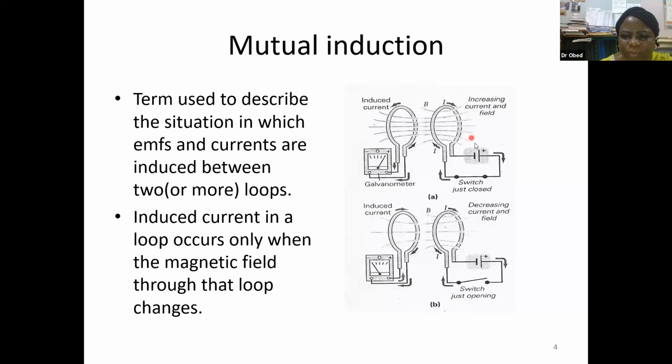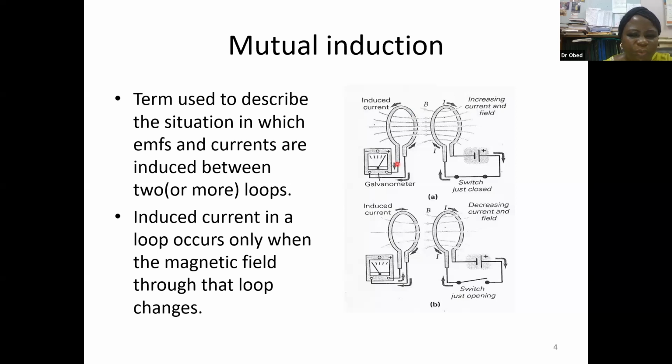There's another wire loop connected to a battery, and this is the key. When the switch of this setup is closed, the buildup of current produces a changing magnetic field in the other loop, inducing a current in it. So current is induced by the changing magnetic field on this second loop.